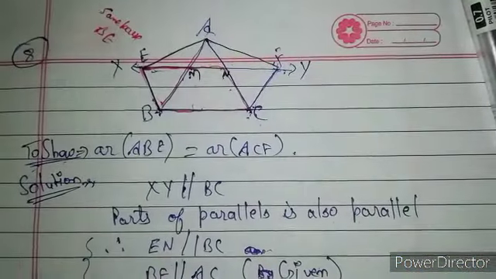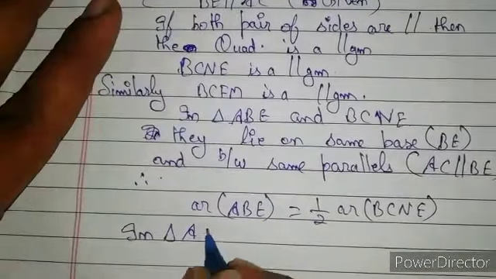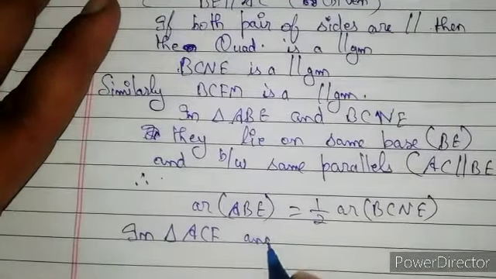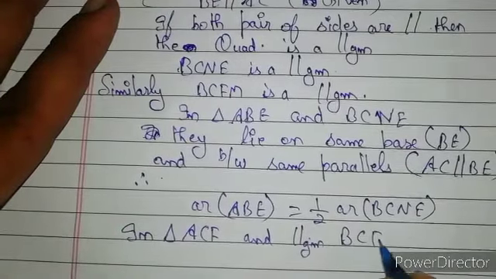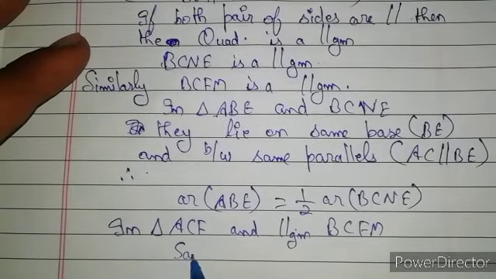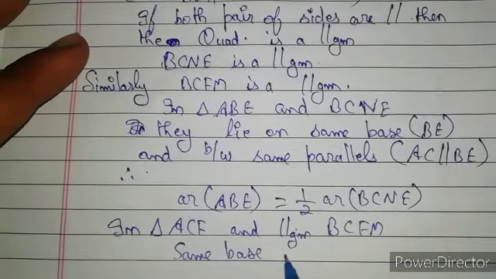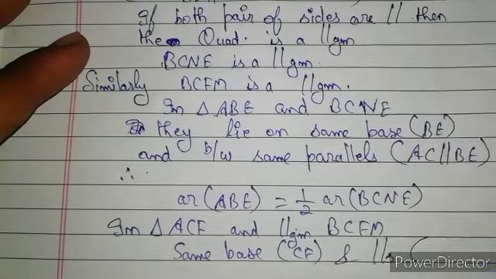So let us write, in triangle ACF and parallelogram BCFM, same statement: they lie on the same base. So what is the same base here? That is CF, and between the same parallels. I'm writing in a short way.